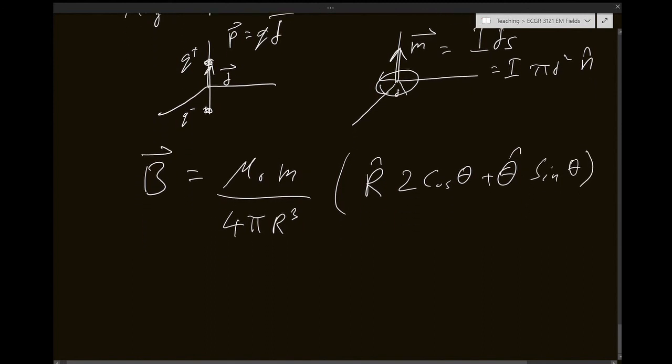So I'm just rewriting, not doing anything fancy. I'm just rewriting B and A using this redefined constant, which is the magnetic dipole moment, which is equal to I pi d squared, right?